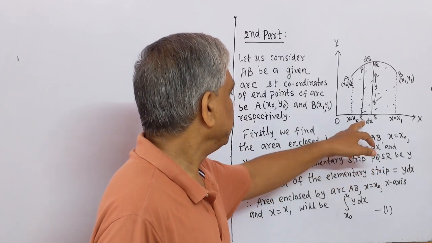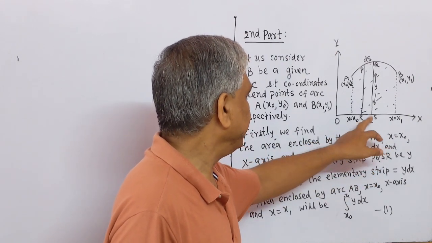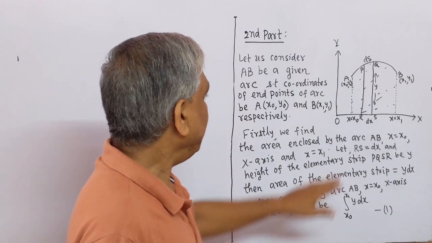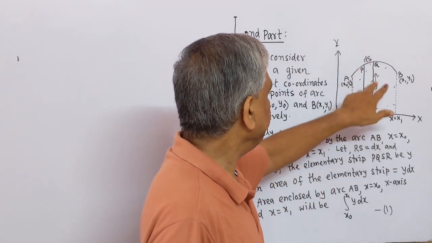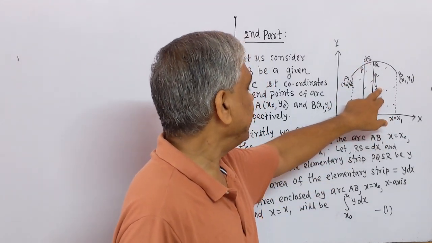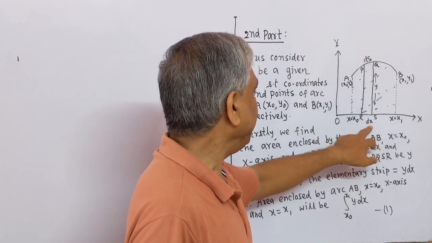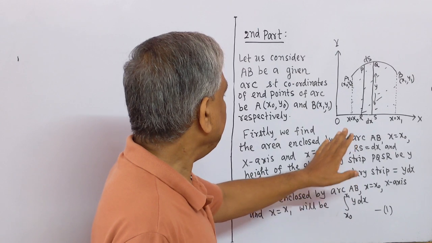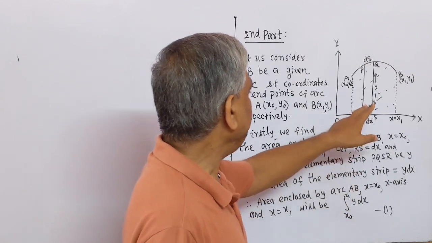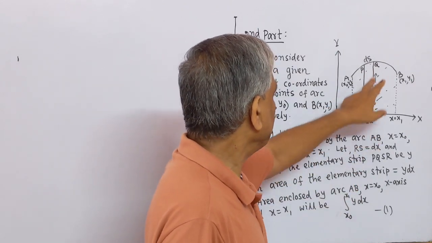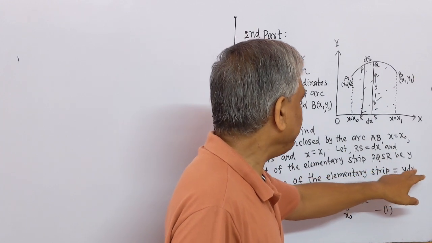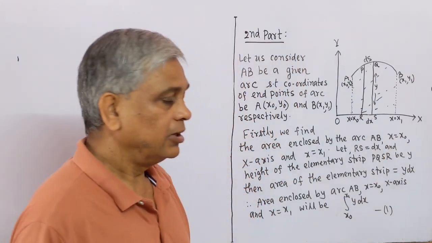Let the width of this strip be dx and height of this strip be y. Then area of this strip will be y multiply dx. That is, the area of the elementary strip will be y multiply dx.